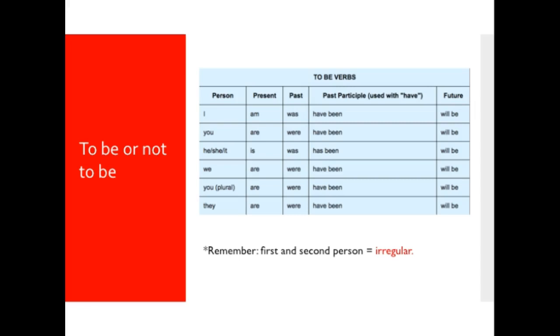So the real complex one here is first person, and you just want to keep in mind which to-be verbs it uses depending on which tense, and make sure you're using it correctly. So if you just remember that first and second person are irregular, and that first person is even more irregular than second person, that should help you, especially in editing your paper. Sometimes it's easy to write the wrong thing in a first draft, but when you're going back, be really cognizant of these exceptions.